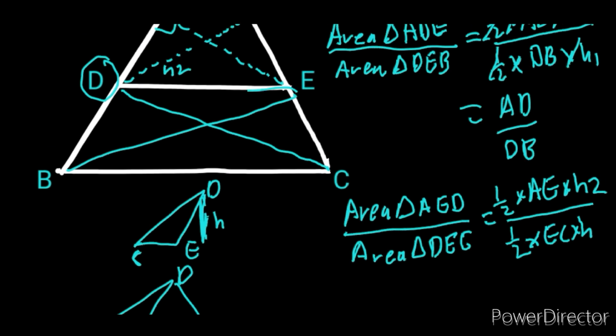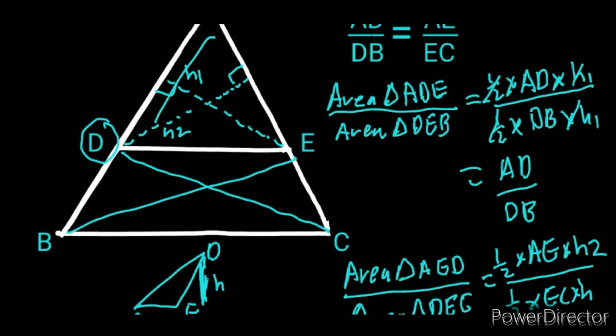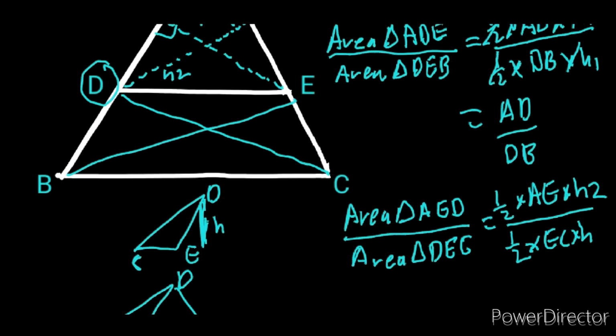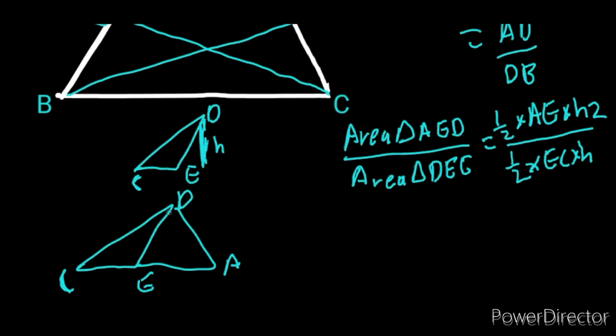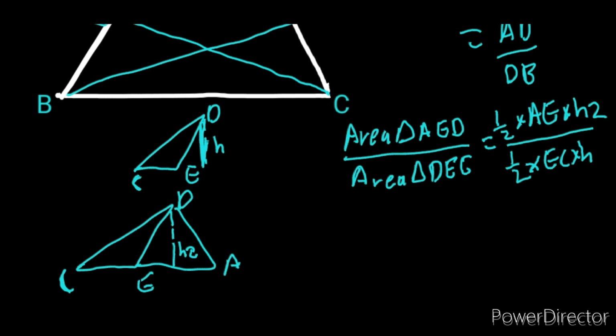And notice this triangle EDC. So C is going to be this side. So I've just flipped it. If you flip this part, this is exactly how it's going to look like. And H2. So H2 is the height of this triangle and also the height of this triangle at the same time. So that's what we have.